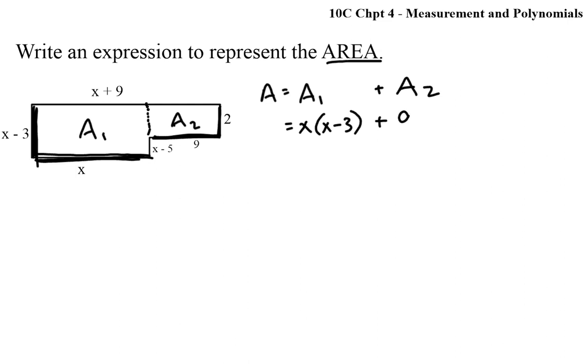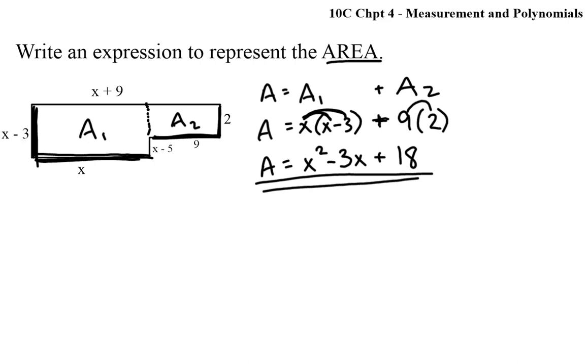So I just want to go 9 times 2, length times width. Distribute the x, because there's an addition sign, so it's a monomial times a binomial: x squared minus 3x. Multiply my 9 and 2, which is 18, and there's the area of my irregular shape. X squared minus 3x plus 18.